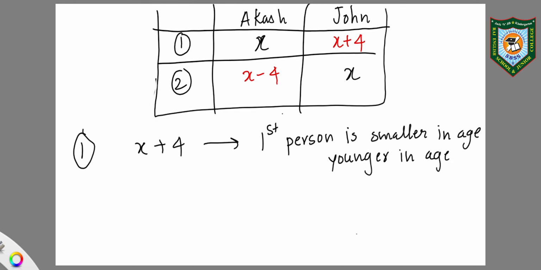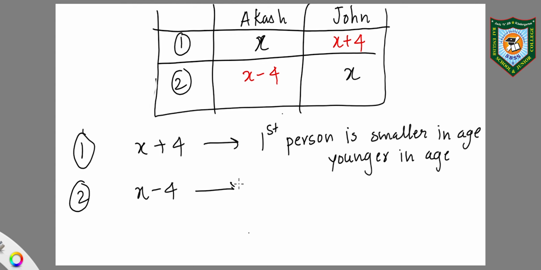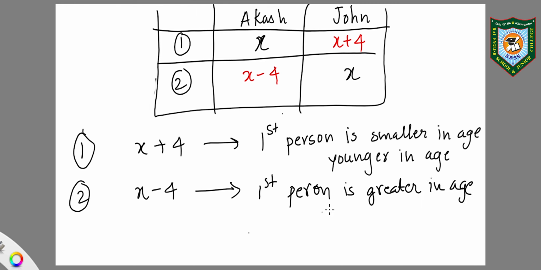And in the second case, case number 2, I have X minus 4 as Akash's age. That means the first person, which is John in the second case, is greater in age, or you can say older in age.